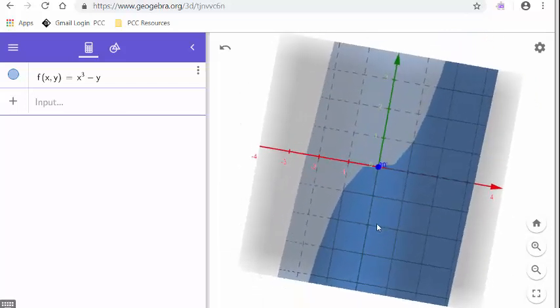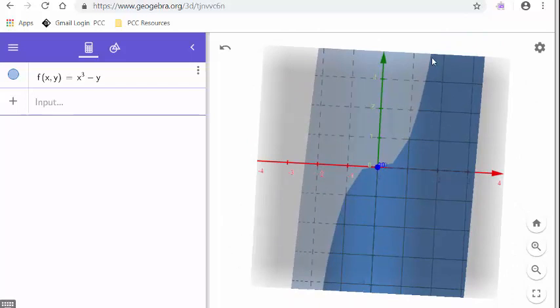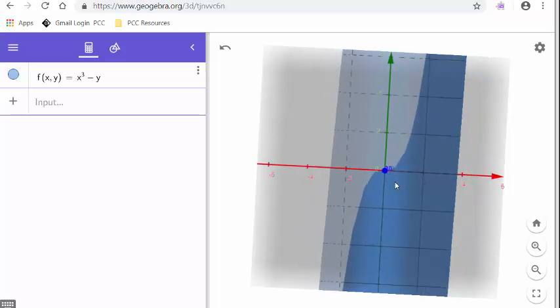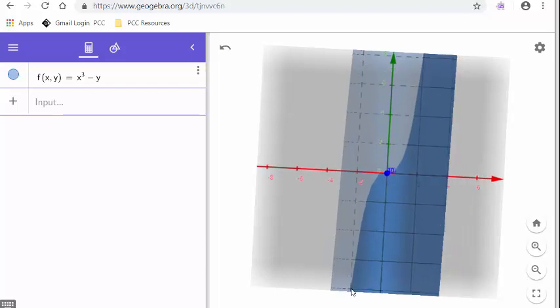If we're looking from above, here's that z value of 0. This cubic shape has the points 0, 0, -1, -1, and if I zoom out, we should get -2, -8, and 2, 8.